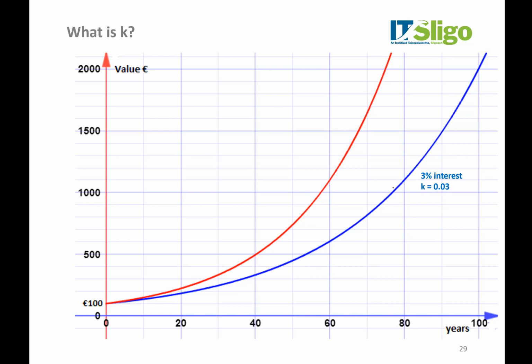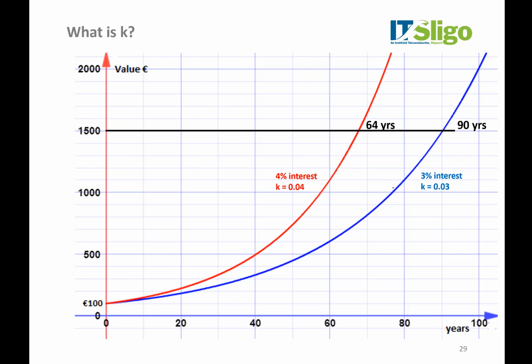The red line is 4% interest, so k is 0.04. And just to give us an idea, say we were asking how long would it take for my investment to increase to 1,500 euros: at 4% it would take 64 years, at 3% it would take 90 years.